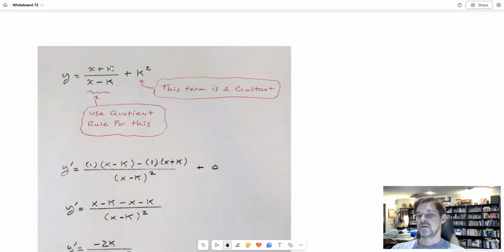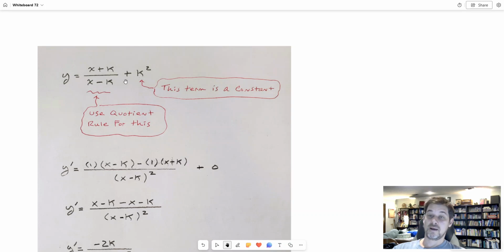So for this first term, I'll use the quotient rule. There's the derivative of that top function times the one on the bottom minus the derivative of the bottom function, which is 1, times that top function, x plus k. So this is the quotient rule as we would use it every time. Divide that by this bottom function squared. So there's your derivative of the first term.